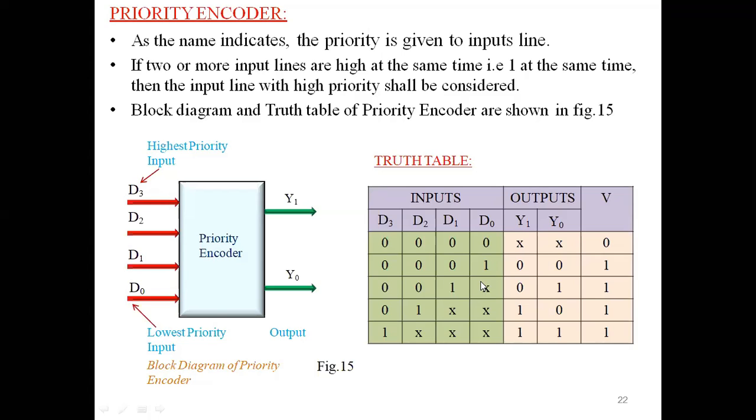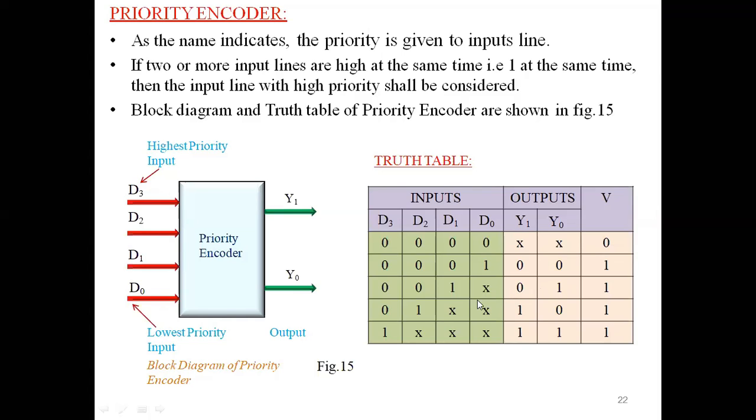In the outputs, see the combination here: at 0 0 in 1, here it will be a don't care condition. Don't care condition means either 0 or 1 can come. Here the value will become either 0 or 1. And here the combinations are 0010 and 0011. How many combinations here? 2 combinations. So for these 2 combinations, the outputs Y1 and Y0 are also 1.